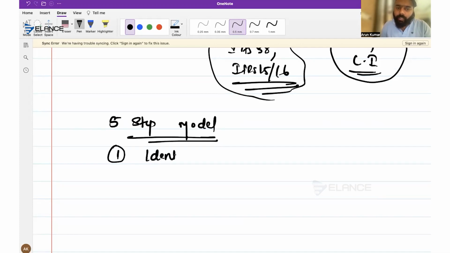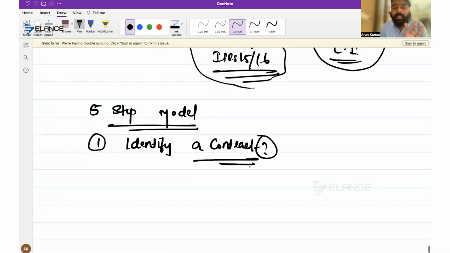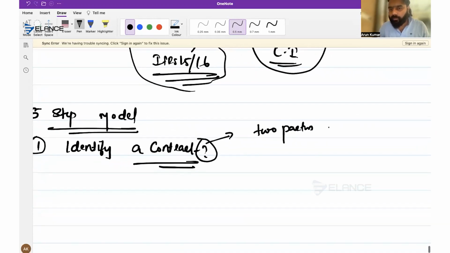That is to identify the contract. We need to identify a contract with a customer. But it is not as simple as that. Okay. When you're identifying a contract, we have to check whether two parties are committed to the contract.